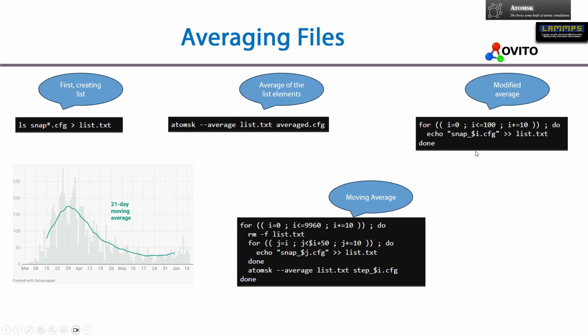Another interesting concept is the moving average. So what does moving average mean? For example, if you have 100 points that you want to average, and you plot the graph as you can see here, it is a very randomized graph, and from this kind of graph the pattern is very difficult to find.